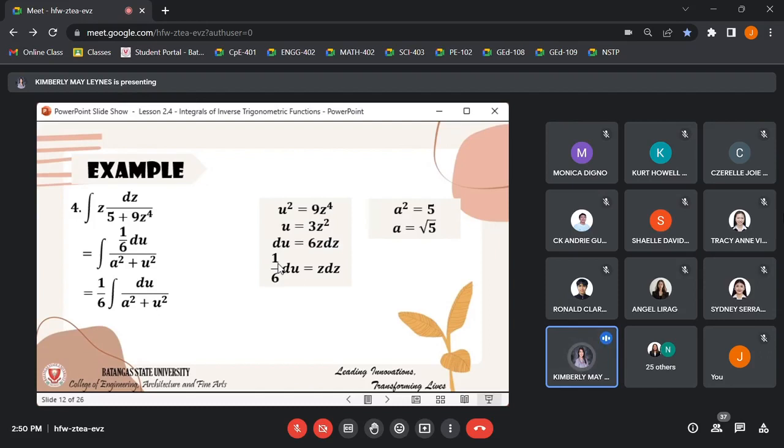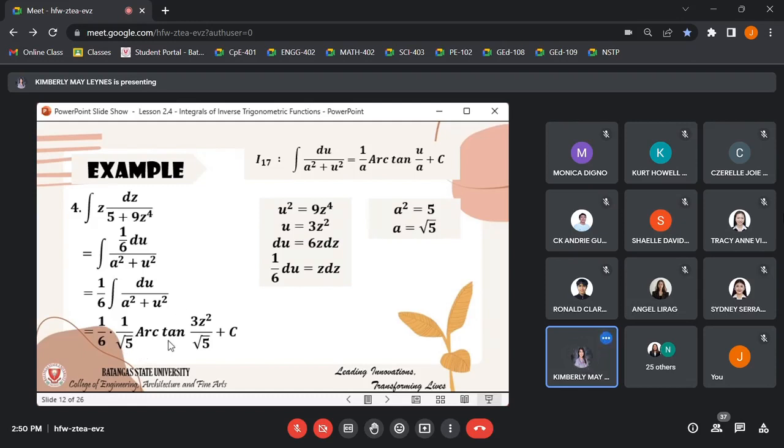Kung saan it is 1 over a arctangent ng u over a plus c. Papalit lang natin yung a natin. Ang a natin is square root of 5. Ang u natin ay 3z squared. So magkakaroon tayo yung 1/6 na nasa labas, multiply sa 1 over square root of 5 arctangent ni 3z squared over square root of 5 plus c.